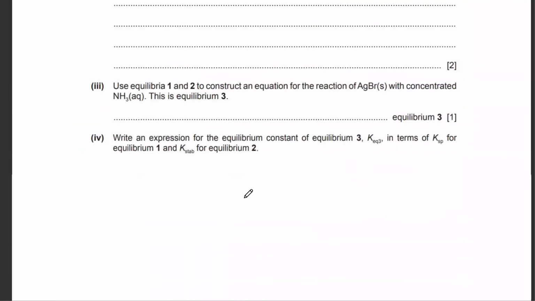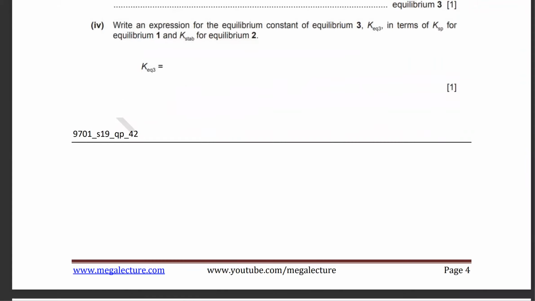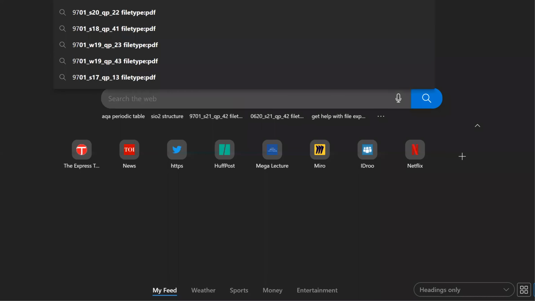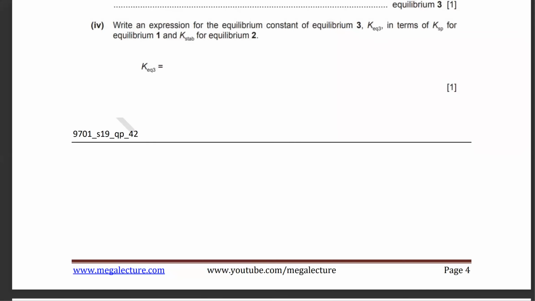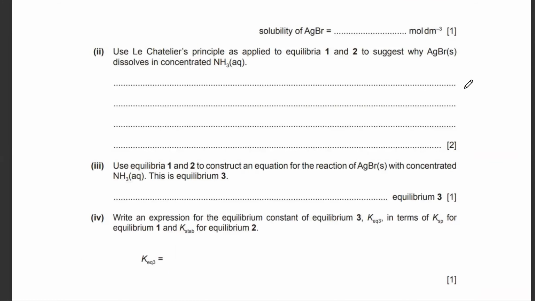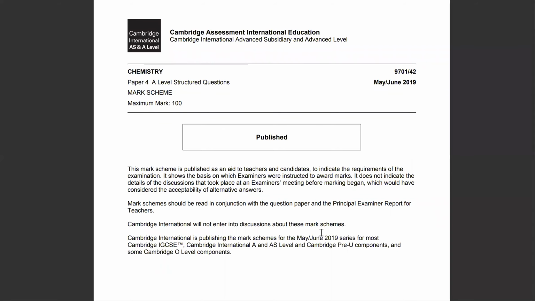And for this, I think we should also simultaneously open the summer 1942 paper. Just a second. Since it's a 2-mark question, remember the number of marks vary. In this case, it's just 2 marks. So we're just going to check what were the 2 important points that we had to write.